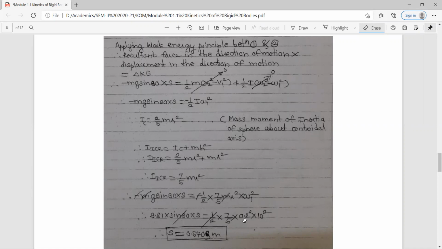So how will it be solved? 0.2 square is 0.04, multiplied by 100. 0.04 into 100 is 4. Okay.